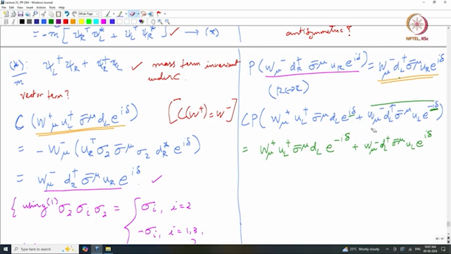Now isn't it clear that under CP this term has changed completely? What is different now? These terms are the same, correct? These two are the same, these two are the same, but the phase has completely flipped.